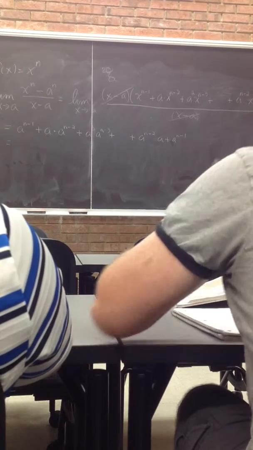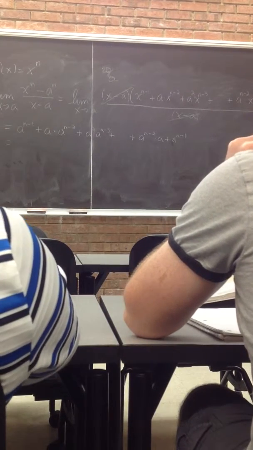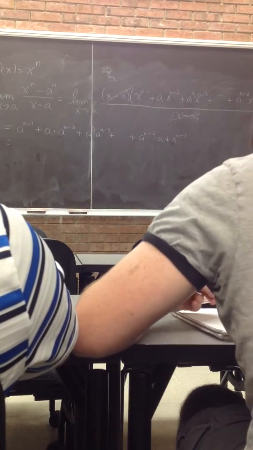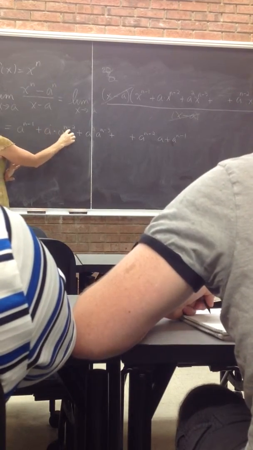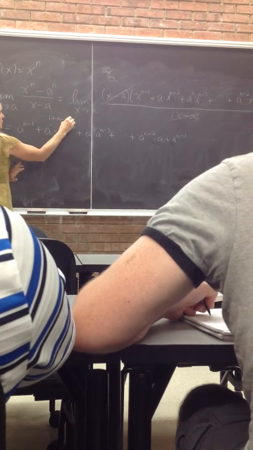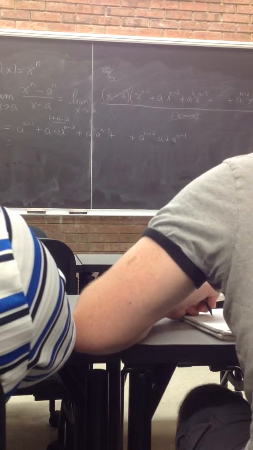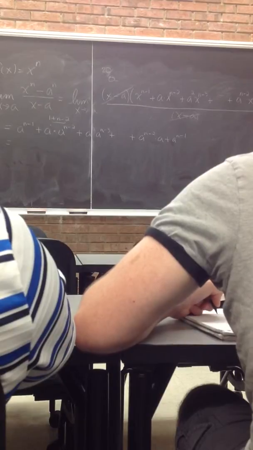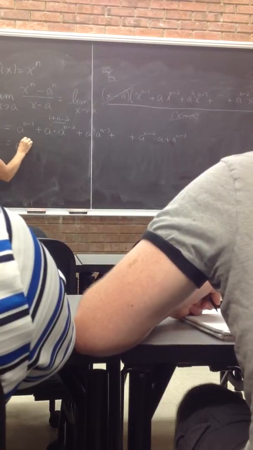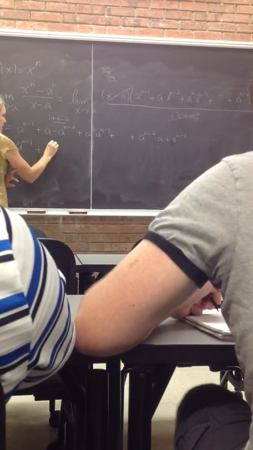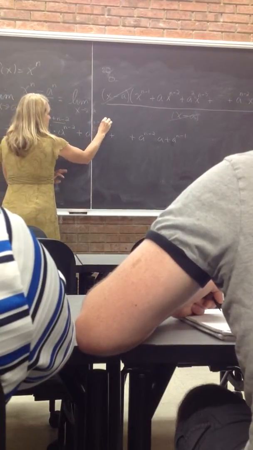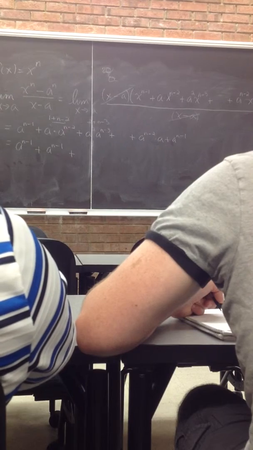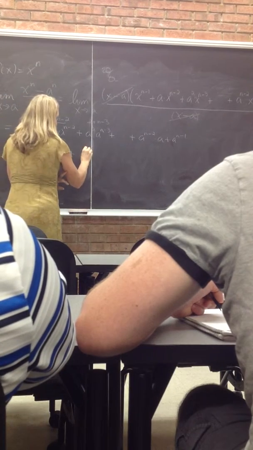For example, a to the fifth times a squared is a to the 7th. So 1 plus n minus 2 equals n minus 1, so this turns into a to the n minus 1. What does 2 plus n minus 3 equal? n minus 1.